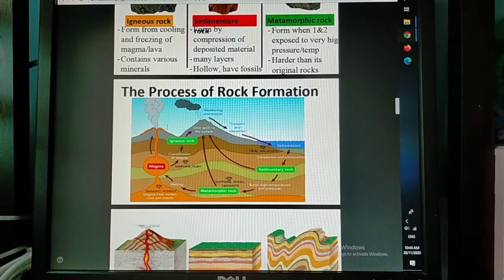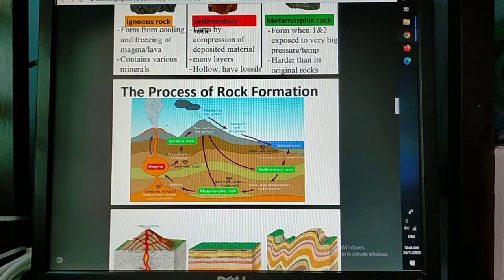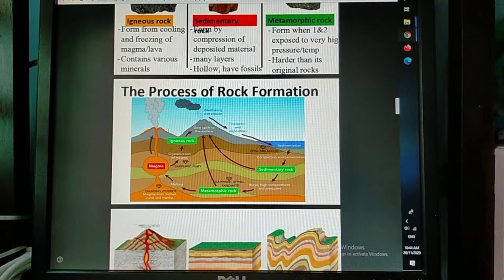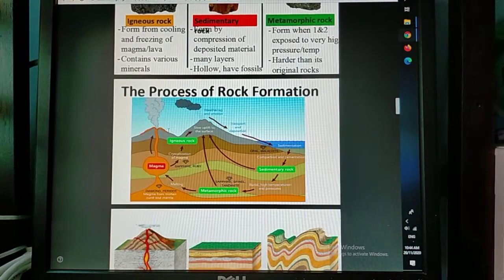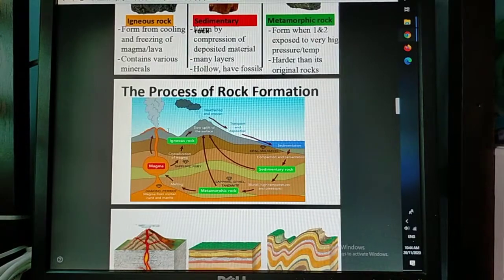We call it lava when the magma is spread out, exposed to the outside, and then it turns its name to become lava. And when this lava is cooled down, it will form igneous rock.